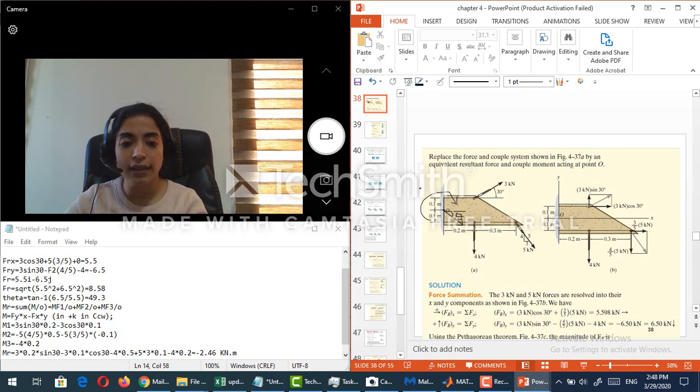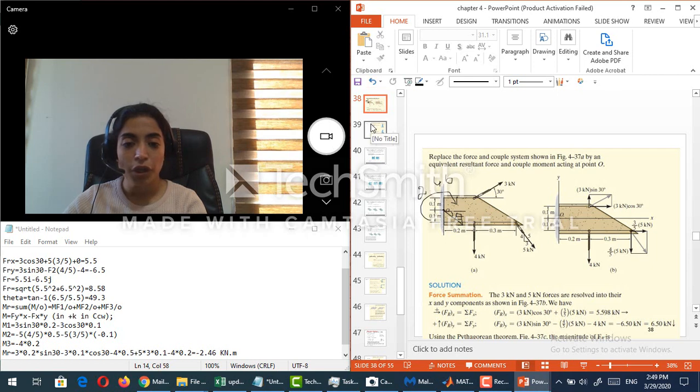No, now M is equal to 2.46 kilonewton meter. So this is basically the simplification of all the forces and moments that exist in this force system. I can remove all of them and put this force and this M resultant on point O. This will have the same effect on point O in translation and in rotation.